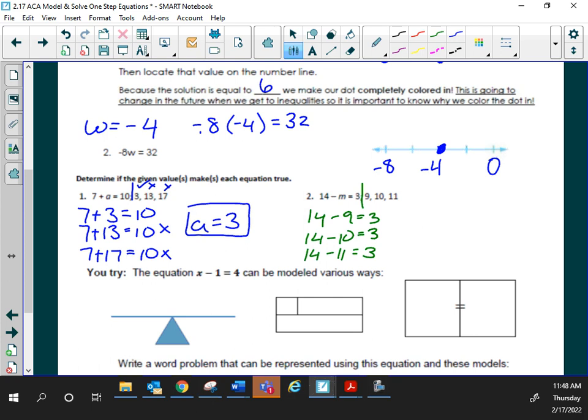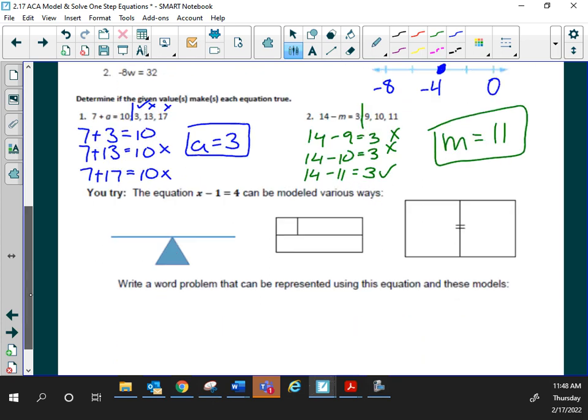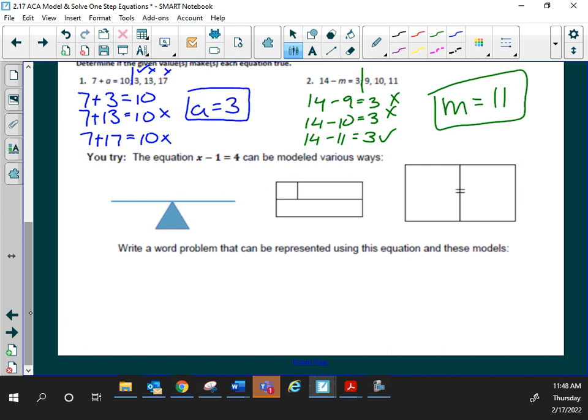Which one do you think makes it true? Which one can you eliminate, maybe? The bottom one makes it true, and those are incorrect. So, M equals 11. Very good. Y'all good with that? All right.